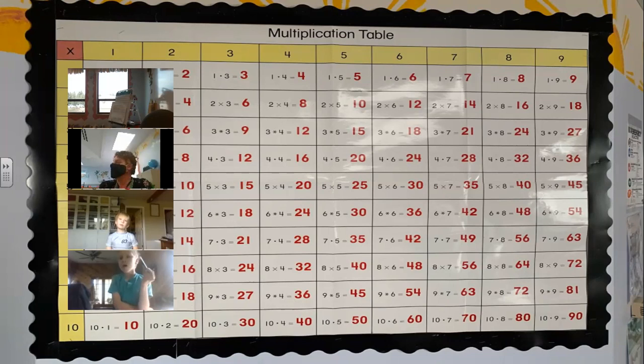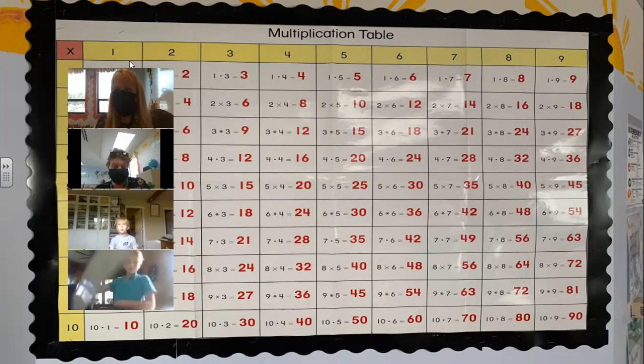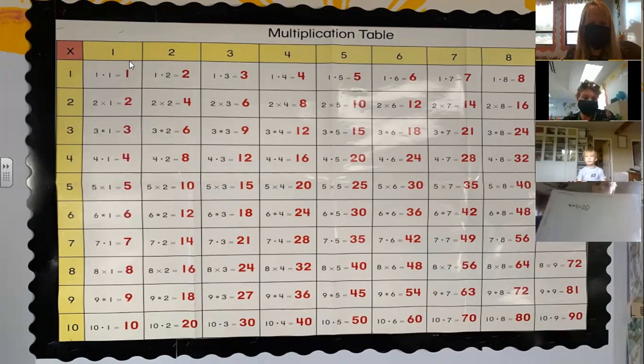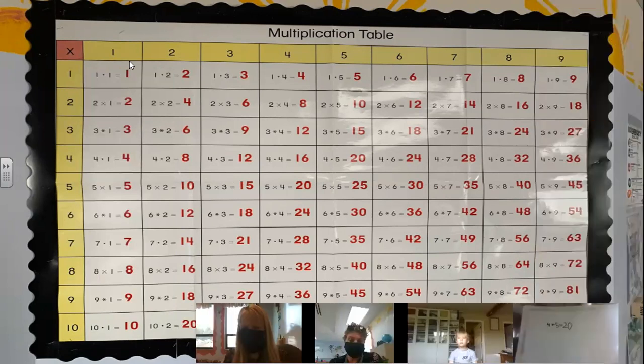All right, let's do our 2's. So can you verify the answer there? Colvin, what's that the answer to? Colvin, can you unmute and tell us the answer? 4 times 5 is 20.